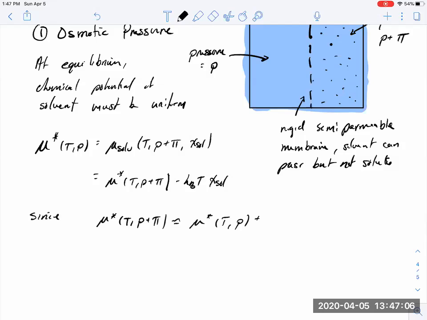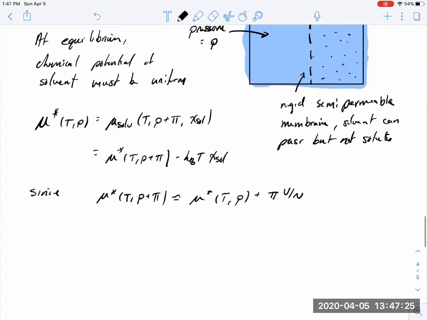plus pressure times volume per particle. That's just a first order expansion of the Gibbs-Duhem equation, saying that the change in the chemical potential with changing pressure is just the volume per particle, times the increase in pressure, and the increase in pressure here is just this pi.